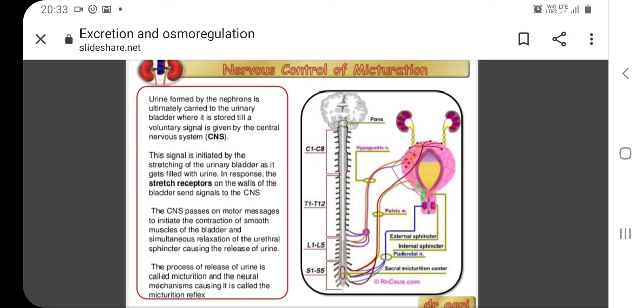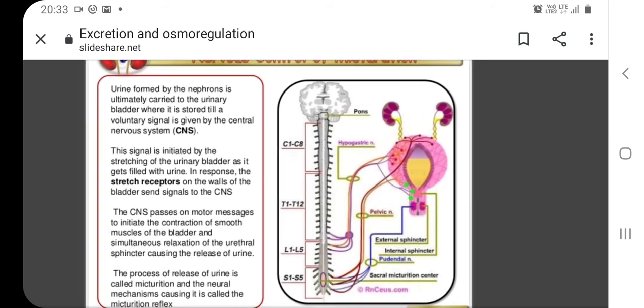The nervous control of micturition. Urine formed by the nephron is ultimately carried to the urinary bladder, where it is stored till a voluntary signal is given by the central nervous system.